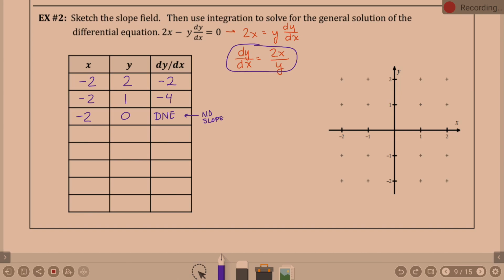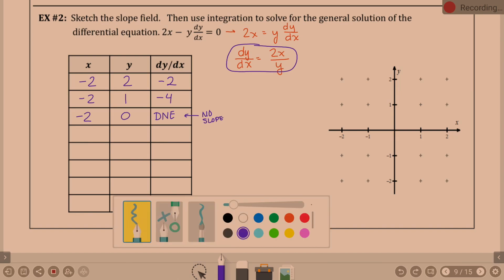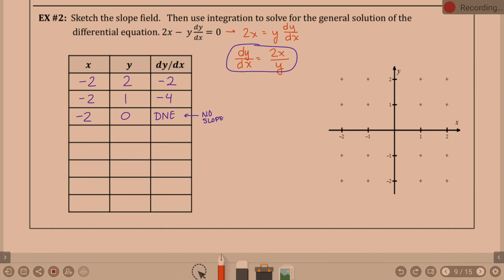Now, with that in mind, here's something we can learn from that. That's going to always be true when you have that 0 in the denominator, yes? So do we really need to do any work on anything else where y is 0? No. Be smart there. That's always going to be does not exist.